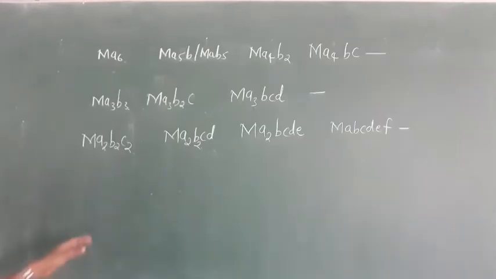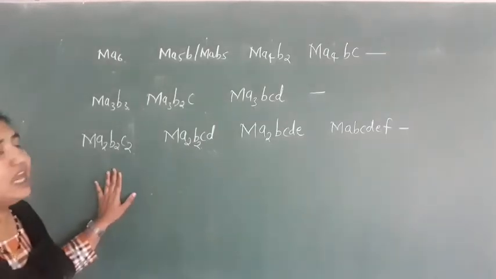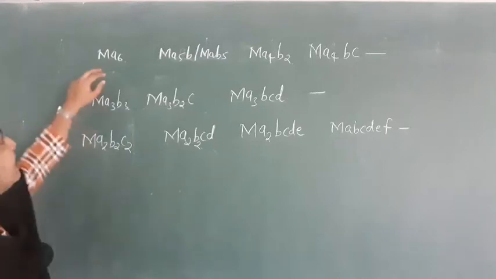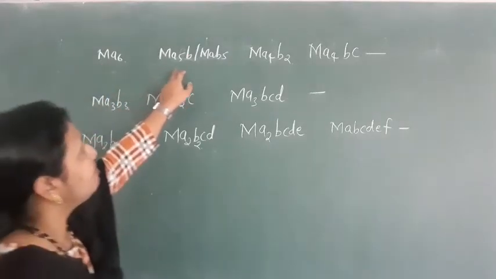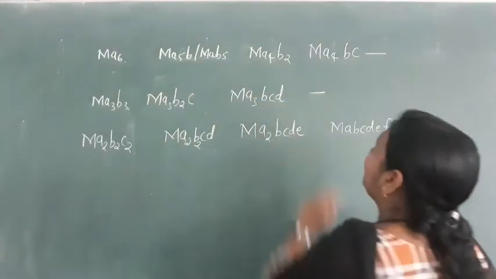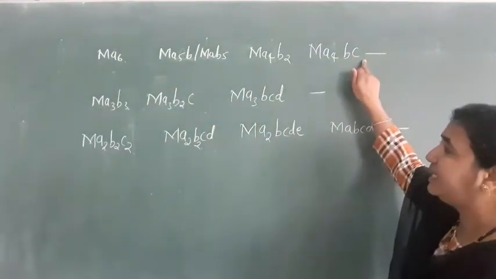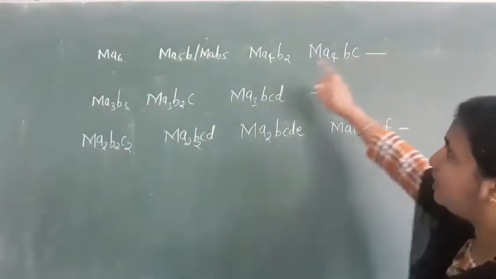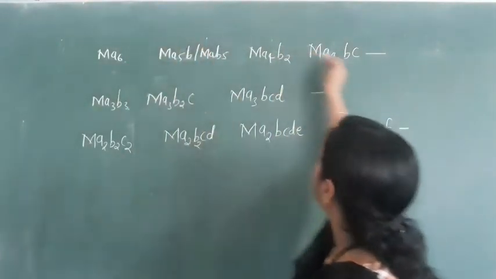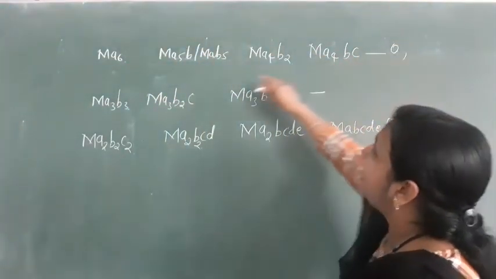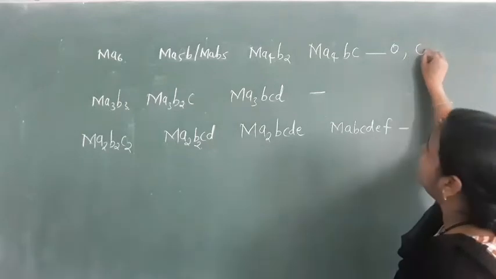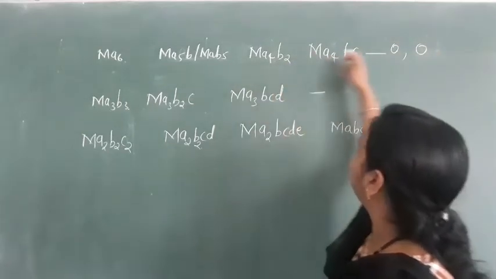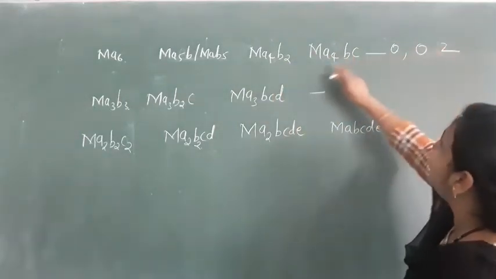So till now we have seen this many isomerisms in octahedral. Okay. First type is MA6, MA5B, MA4B2, MA4BC here. So what will be the code here? MA6 means 0 geometrical isomerism. MA5B, this is also 0. And MA4B2, 2 geometrical isomerisms possible.